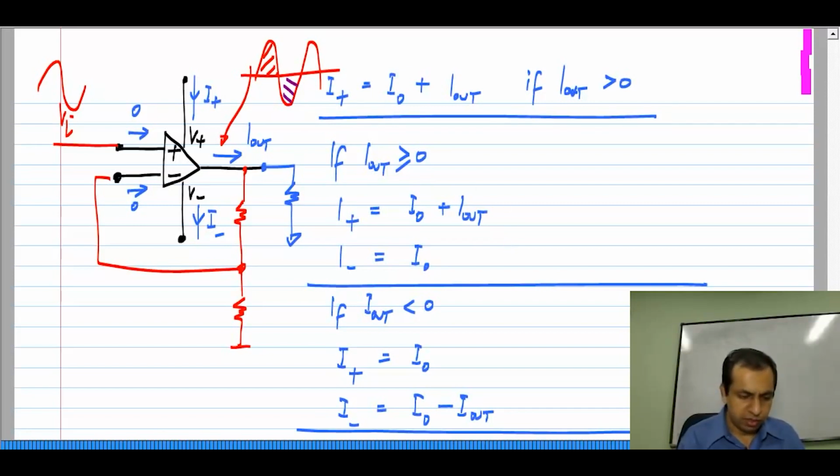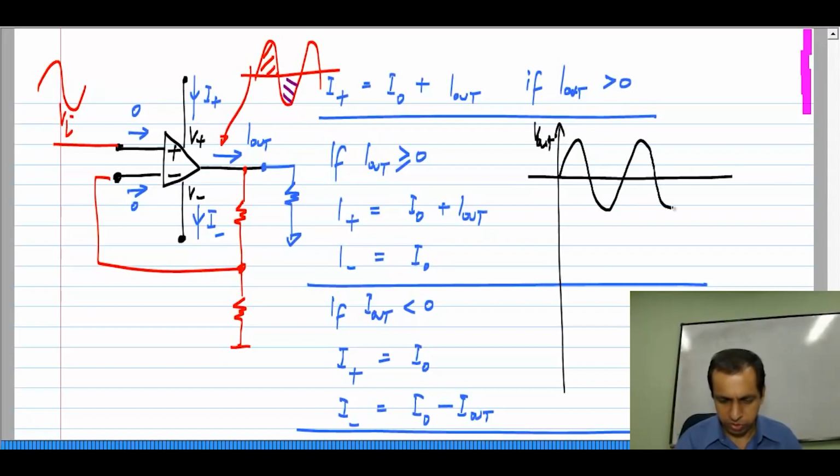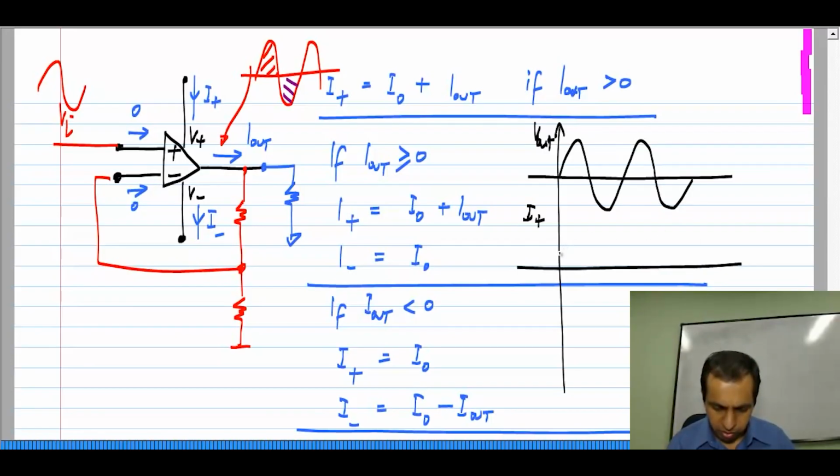So, what happens is that in such a case, let's say V out swings positive and negative and positive and negative, then I plus will be following the sinusoidal current. Okay. Because the voltage is sinusoidal, the current is also sinusoidal. I plus will be following this current, and when the output current is negative, it will just be the fixed value I naught, and then it will follow this and so on.